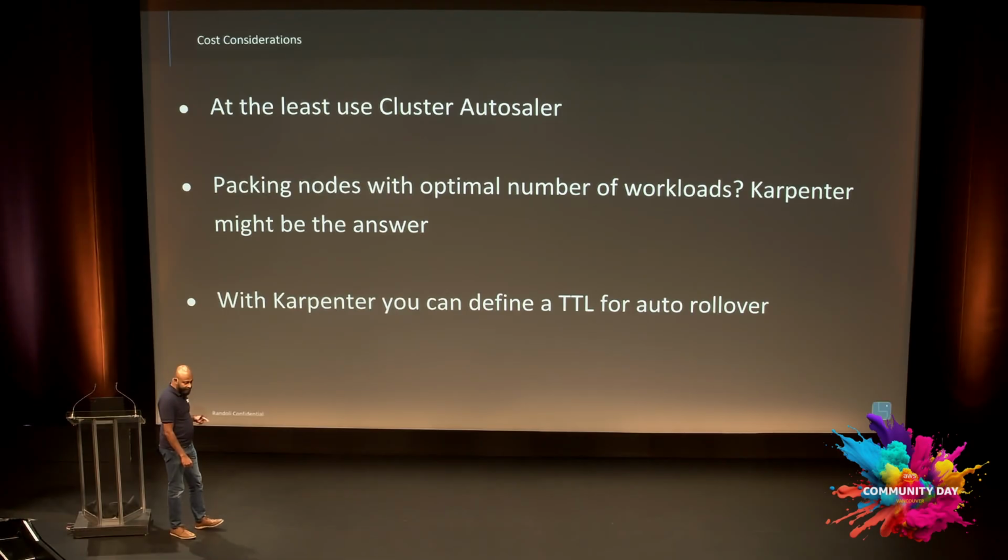Another nice thing that I like about Carpenter, from a security perspective, is that you can define a TTL for auto rollover. It'll recycle nodes for you automatically, and anytime a node gets recycled, it usually comes back with the latest patch.